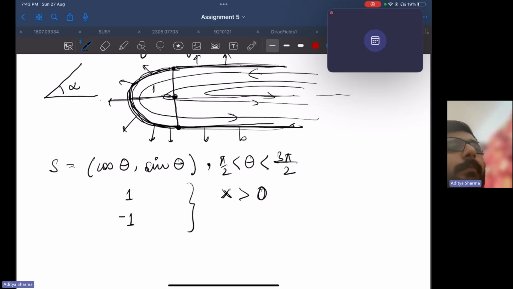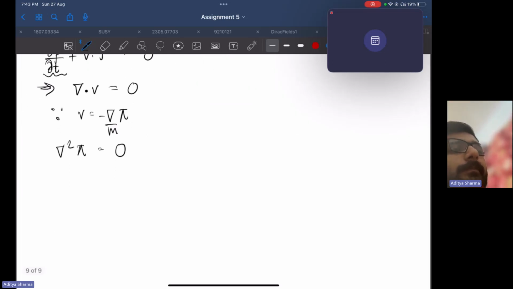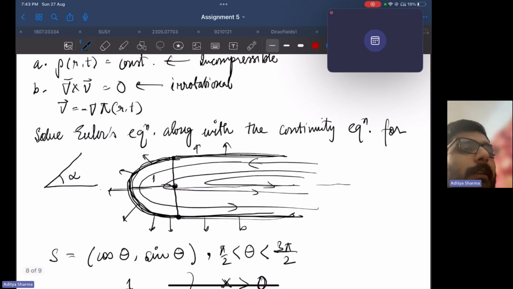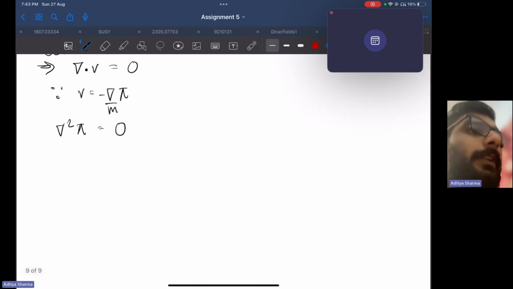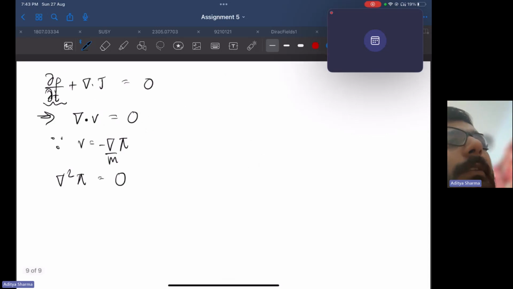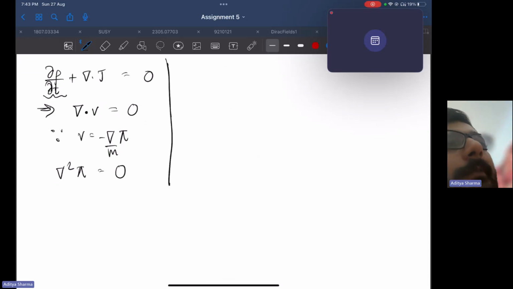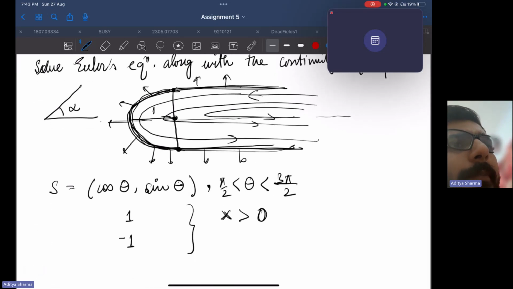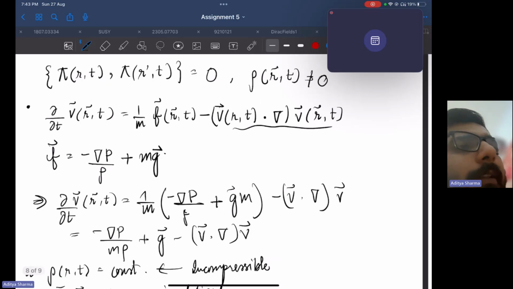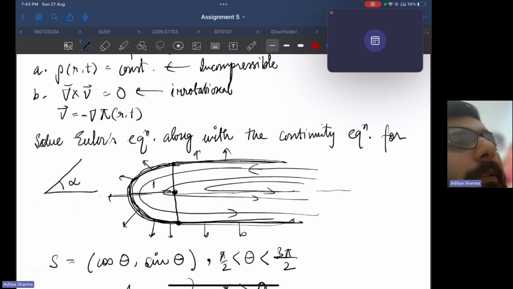But let us try writing these boundary conditions in terms of plane polar coordinate if possible. If we were to do that in plane polar coordinate, how do I write the equation for this line?